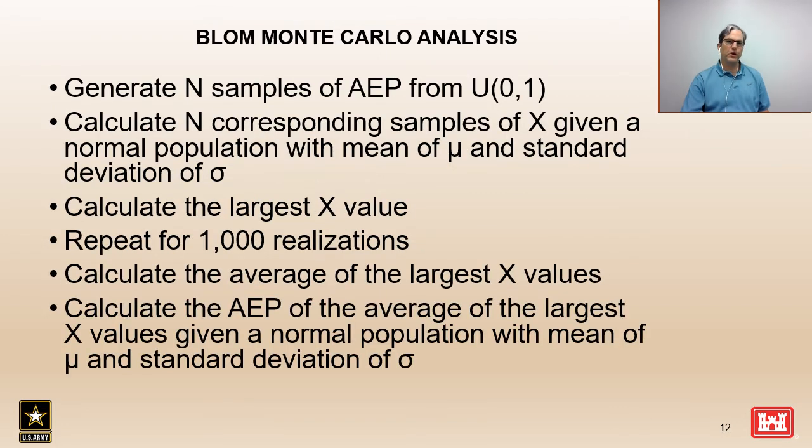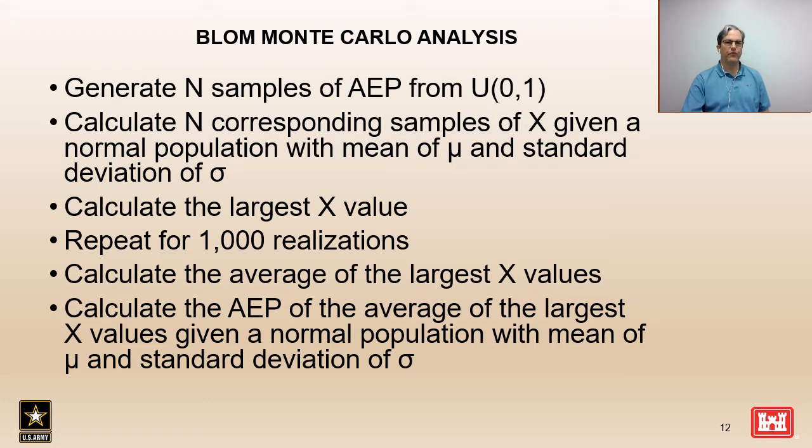So again, we can use a Monte Carlo analysis to further explore the Blom plotting position formula. We start by generating n samples of annual exceedance probability from a uniform distribution. We then have to calculate n corresponding values of x, our variable of interest, assuming that we have a normal population with a given mean and a given value for standard deviation. From those n samples of x, we can then calculate the largest x value.